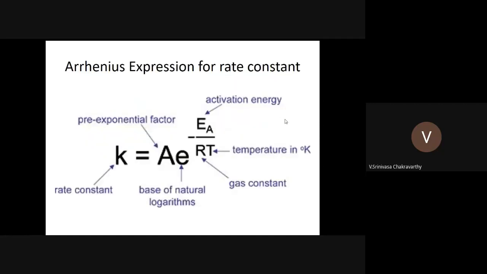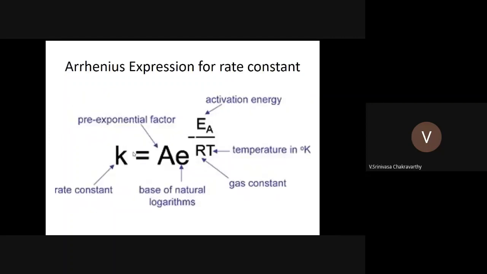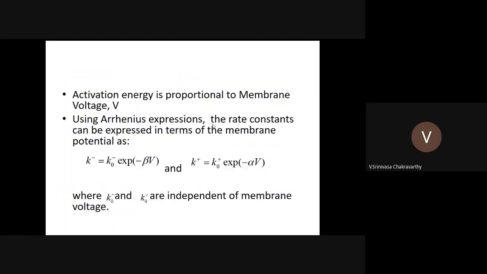Here again we go back to high school chemistry and invoke the Arrhenius expression for the rate constant. The rate constant is a function of the activation energy of the reaction, the temperature, the ideal gas constant, and also a pre-factor. This is a formula proposed by Arrhenius to calculate a chemical rate constant. In the case of a neural membrane, this activation energy happens to be proportional to the membrane voltage.